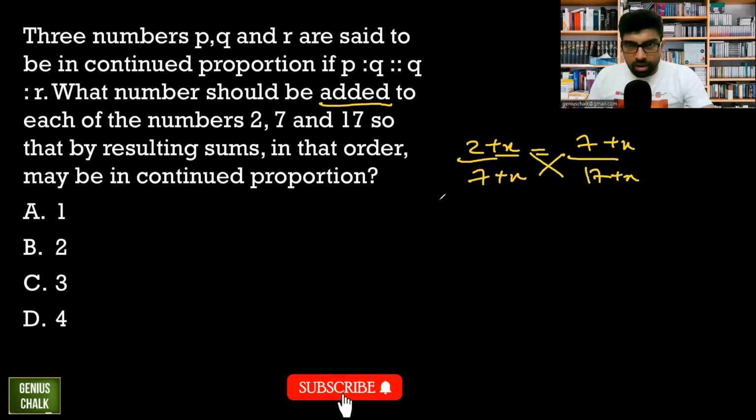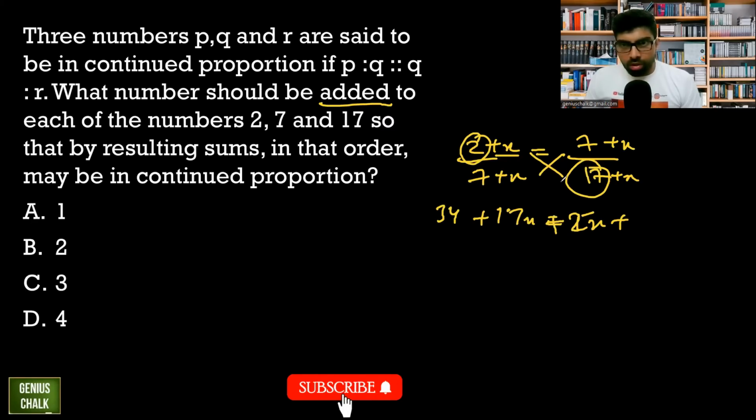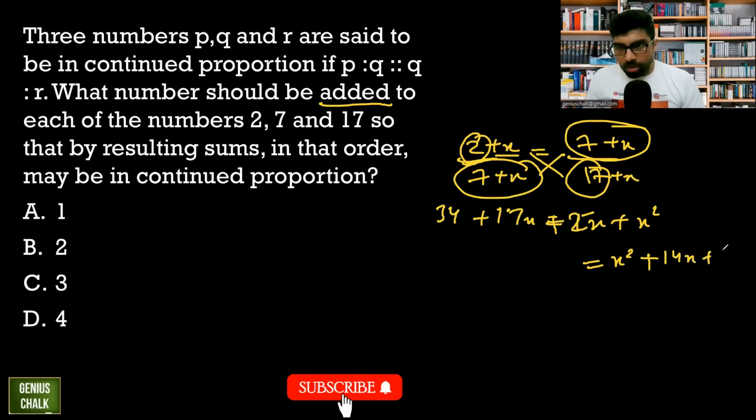Let's start: 17 times 2 is 34, plus 17x. Then 2x, then x into 2, 2x plus x. You can see a quadratic equation is there. x plus 7, x plus 7. So this is x square plus 2 into 7, that is 14x plus 49.